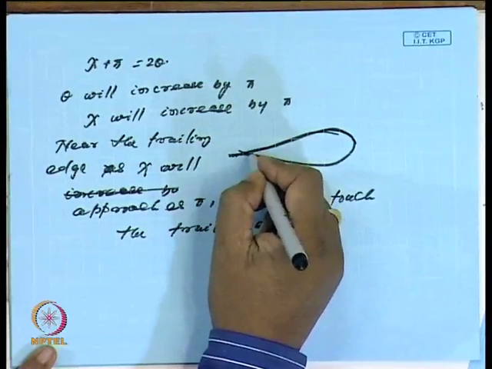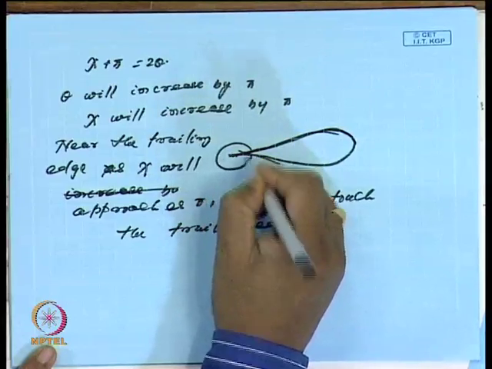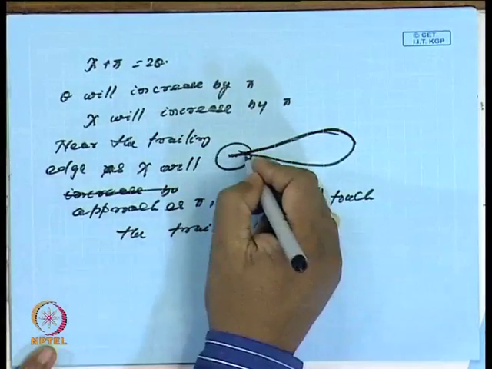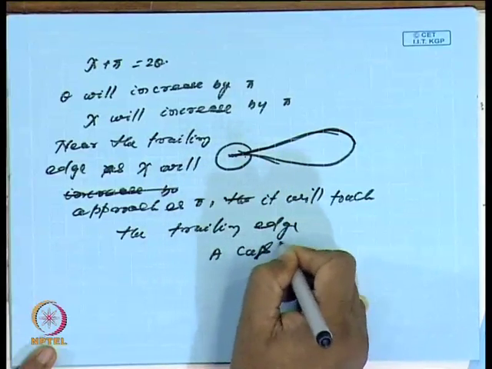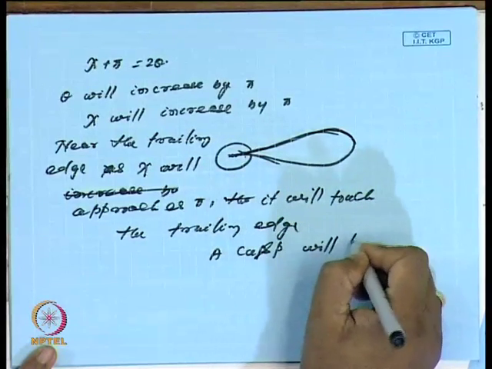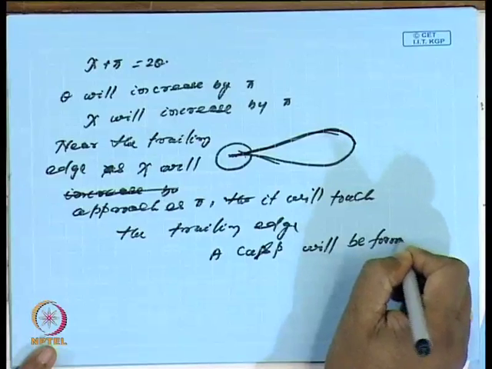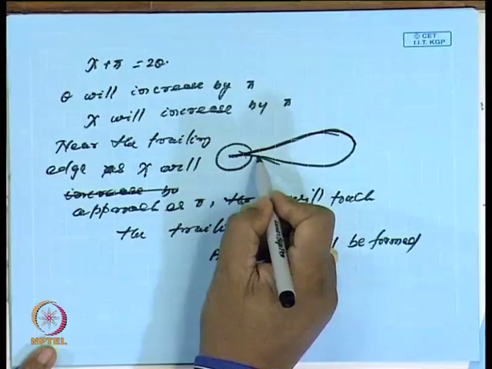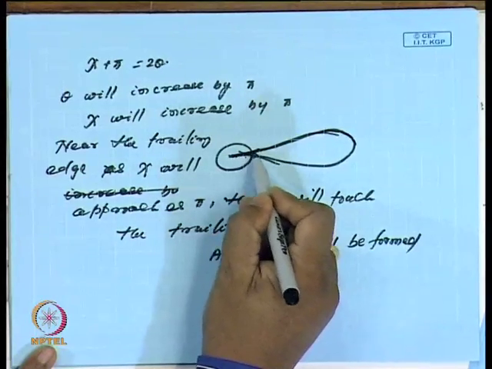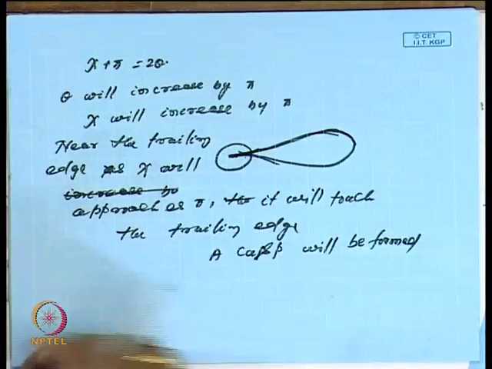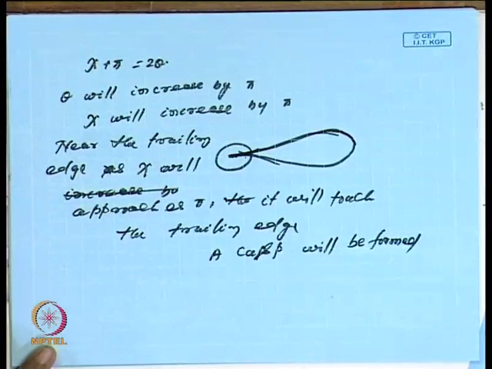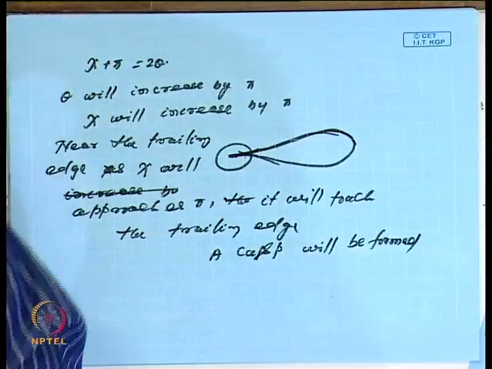So that means this angle will reach here, and here, so a cusp will be formed. We have two surfaces here, but they are meeting at this point.